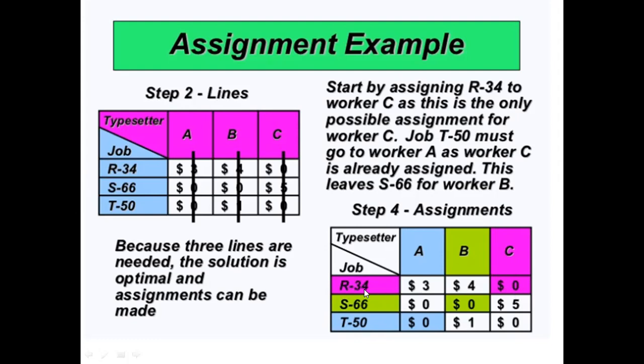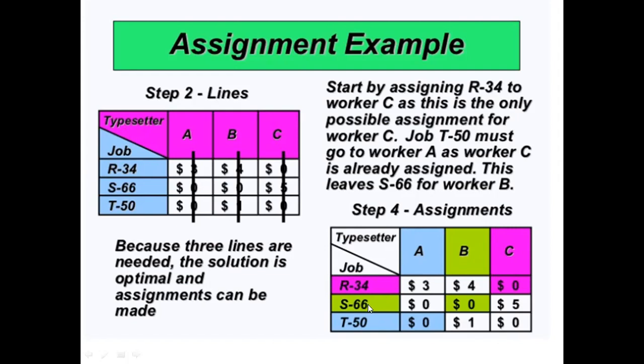Let's say R34. We want to put R34 in C, B, or A. But in this case, the optimal solution is that we put R34 in C. S66, in this case, can be put in A or B, but let's say we put S66 in B. It means that T50 will not have other locations.